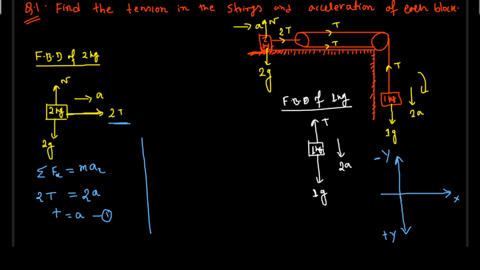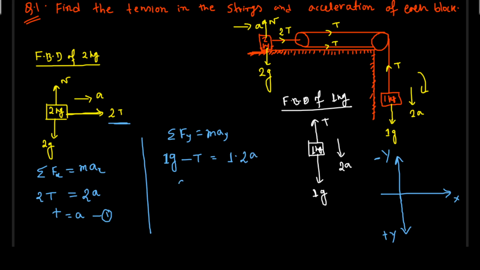Now if we write the equation for this object, the 1 kg block, it will be summation of F y equal to m a y, because here the motion is along the y direction, and the summation of F y is nothing but 1g minus T. So here is 1g along the positive direction, and the tensional force along the negative direction, so it will be 1g minus T is equal to 1 into 2a, since the mass is 1 kg and the acceleration is 2a.